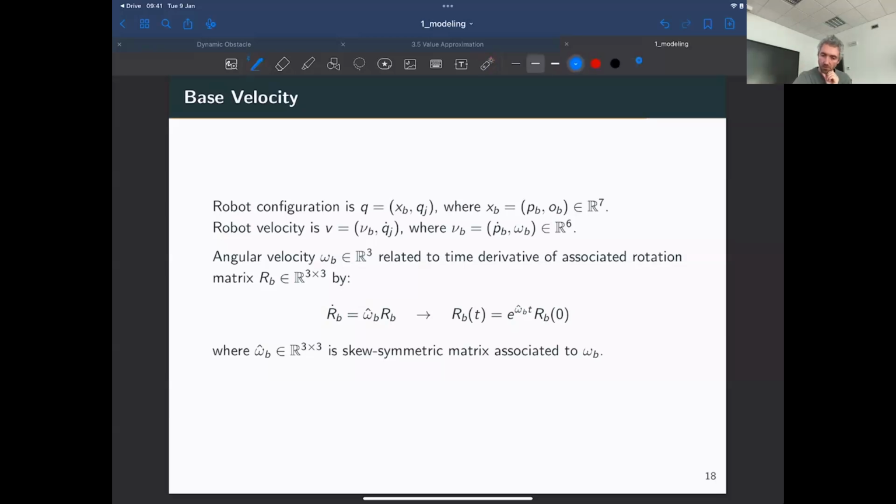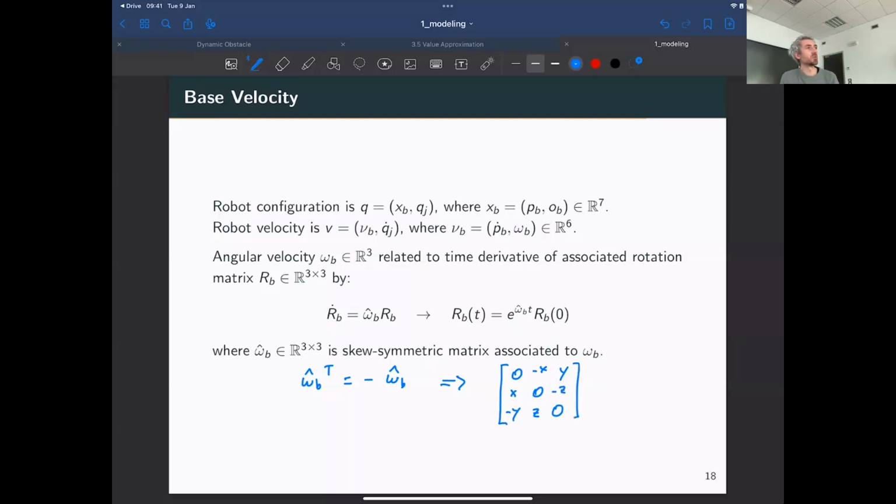So let me write it. Omega b hat transpose must be equal to minus omega b hat. And the only way you get that property is if you have a matrix which has zeros on the diagonal and something like that in the off diagonal terms.